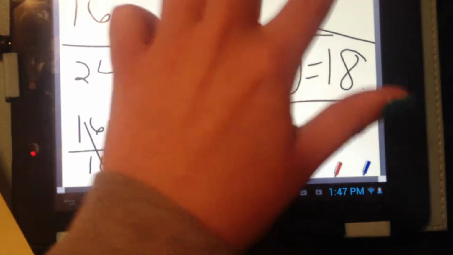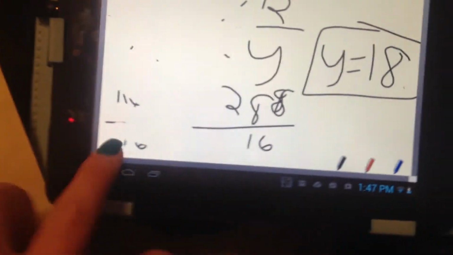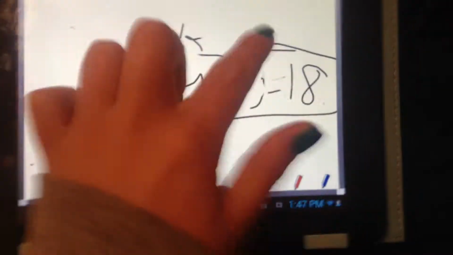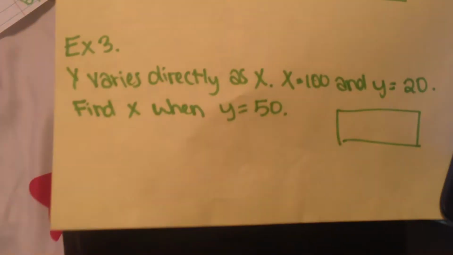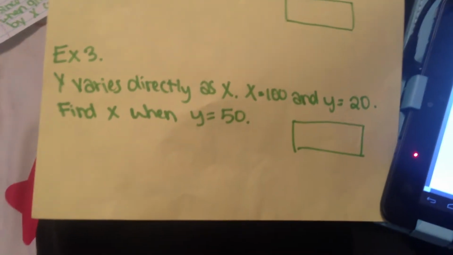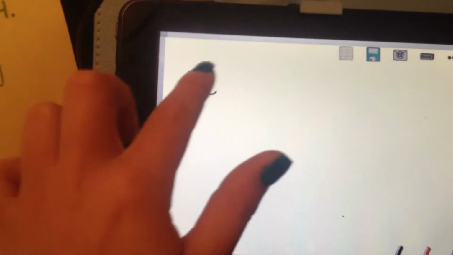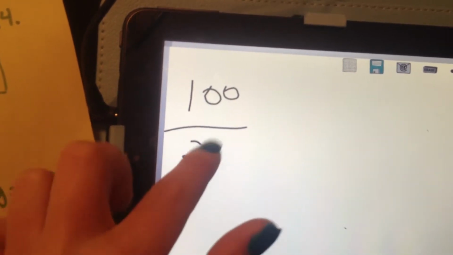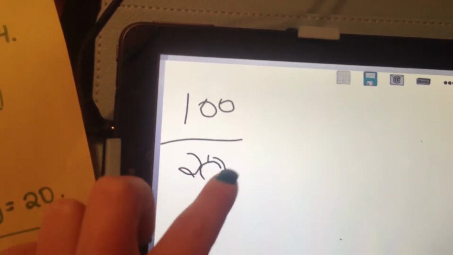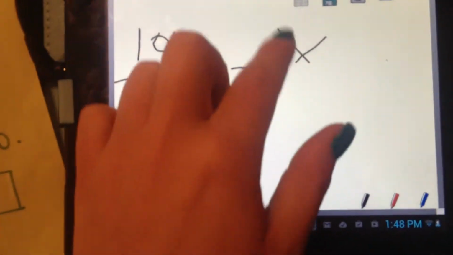So we have one more example of when the points are given to us as x and y. But this time it's asking us for x, and it gives us the second y value. It says y varies directly as x, x equals 100 and y equals 20. Then find x when y equals 50.